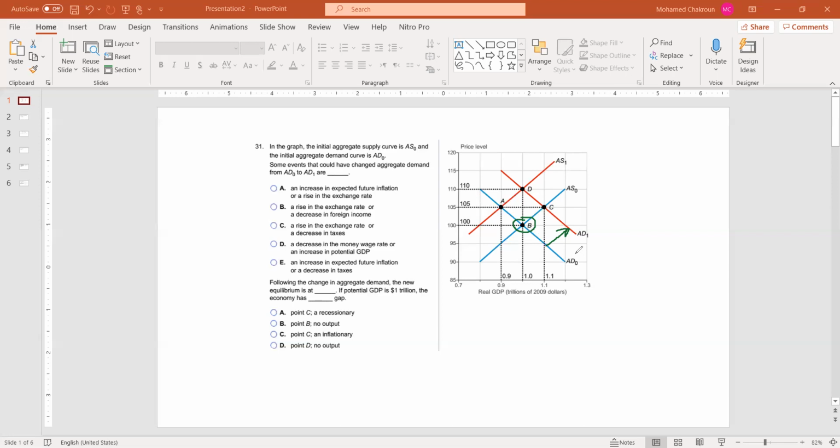If you expect that tomorrow the price of your favorite phone will increase, and you have planned to buy this phone, what will you do today?